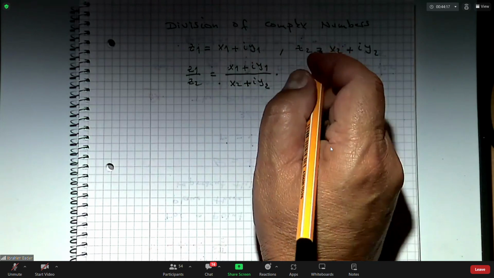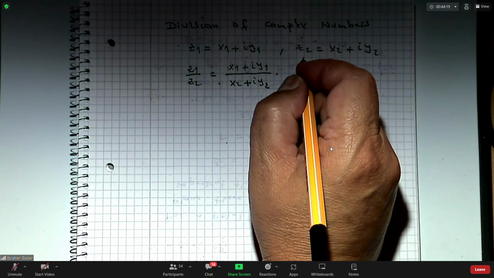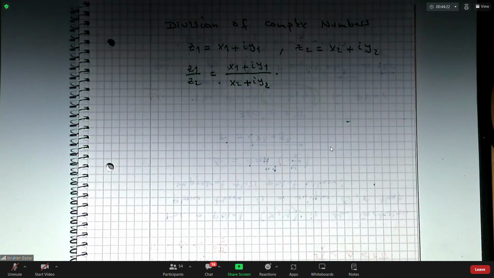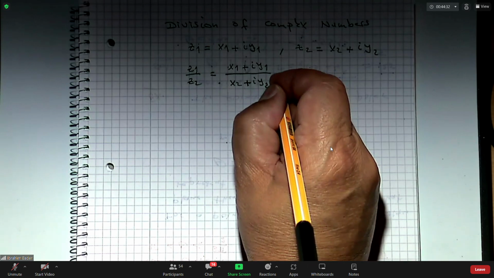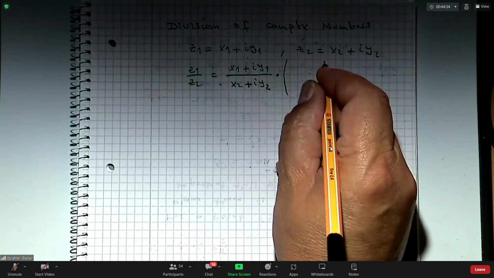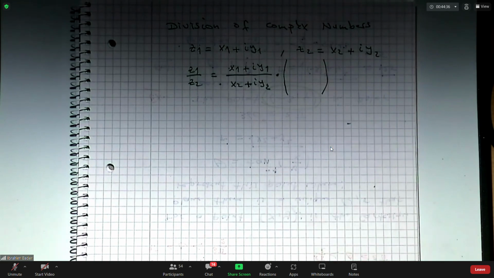We will multiply and divide by the same number. This technique is used very often in mathematics. If you are deadlocked and want to get out of the situation, you can always multiply and divide by any value, because it's just like multiplying by 1. It will not change anything.